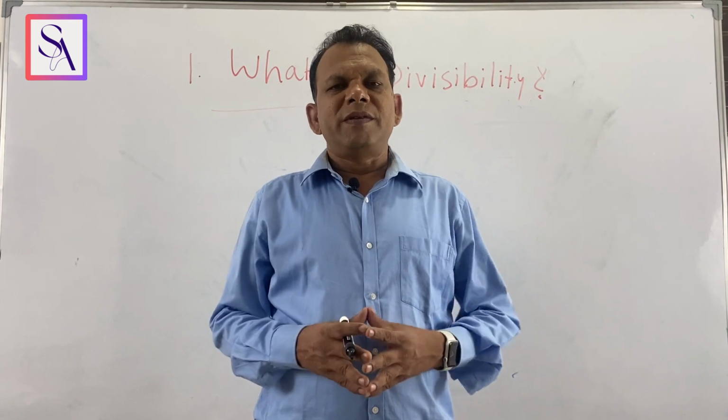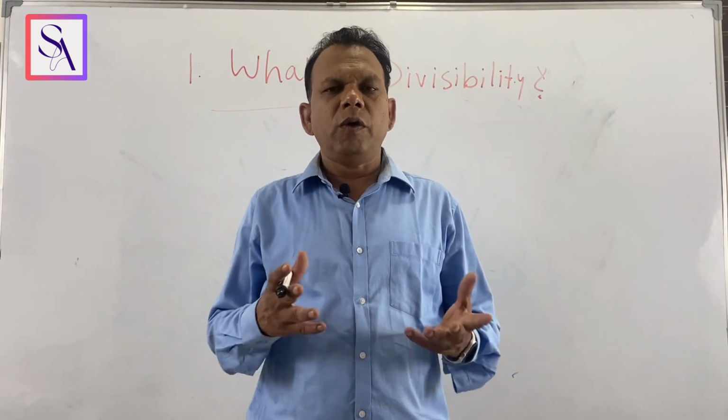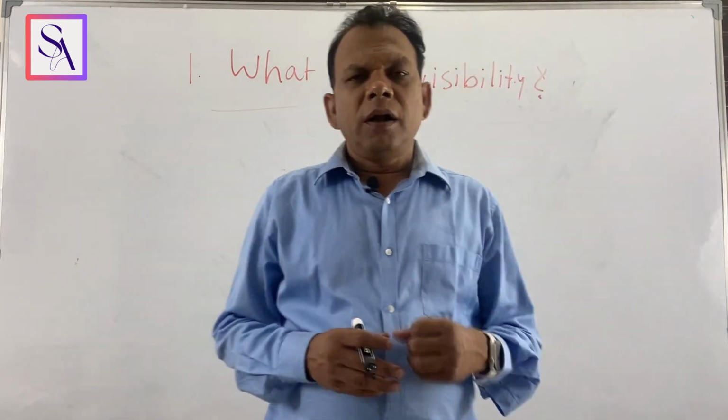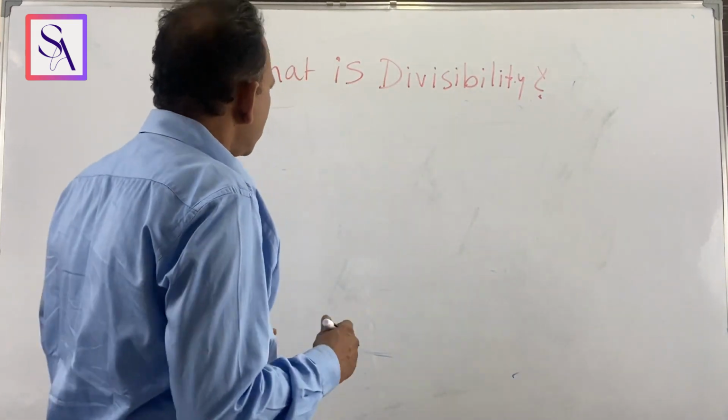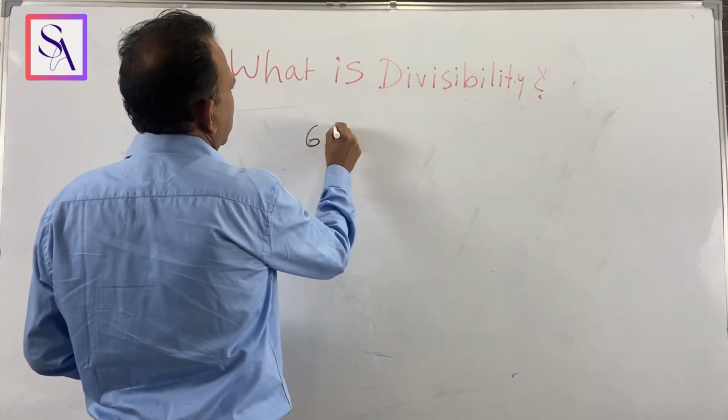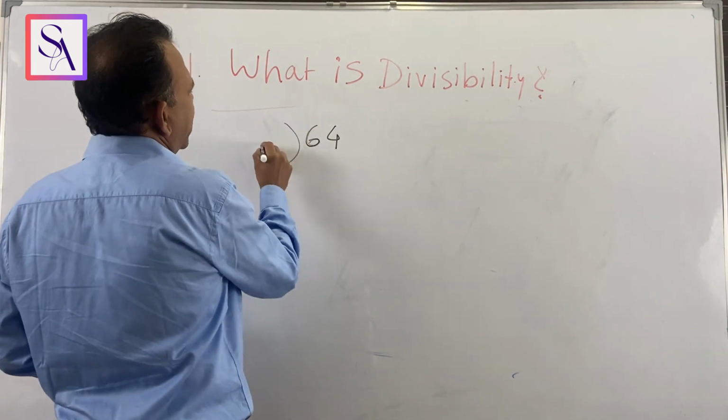So what is divisibility? What do you think? Take an example. 64 divided by 2.